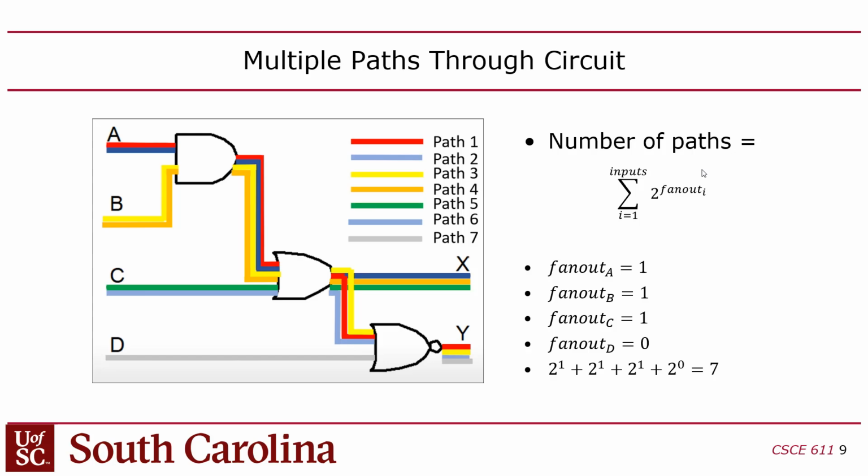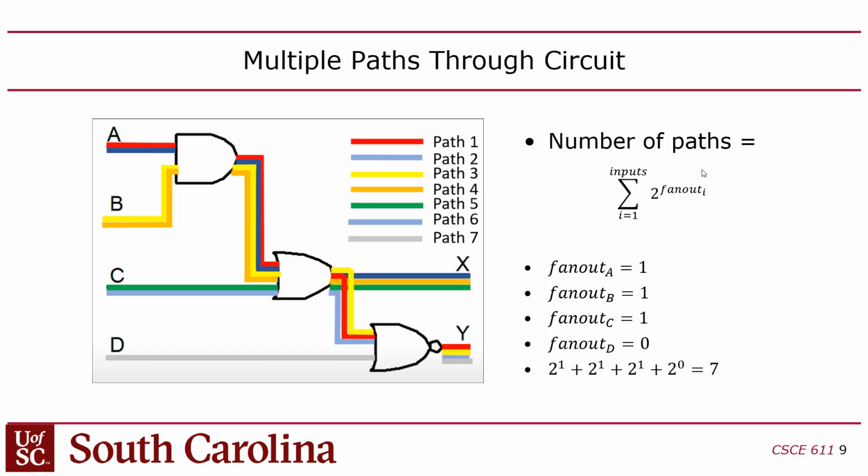And then you can have another branch along that fan-out. And so in this case, I calculated the fan-out, where fan-out of 0 means there's no fan-out, right? There's just only one. So for example, the fan-out of D is 0 because D to Y has no fan-outs, right? But the fan-out of A, B, and C is all 1 because basically A, B, and C all pass through this one fan-out, right?